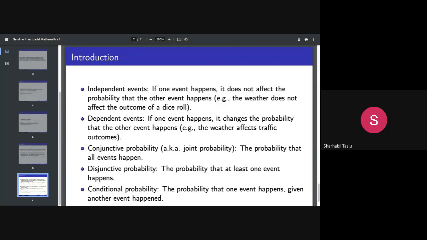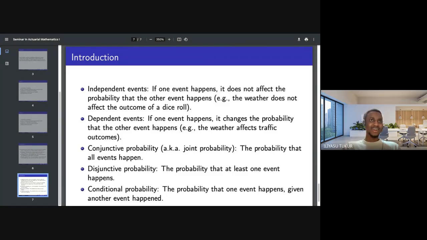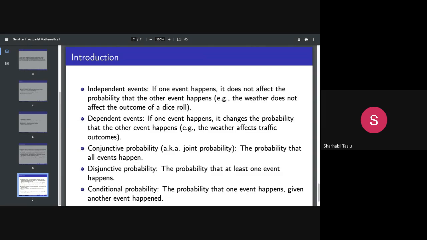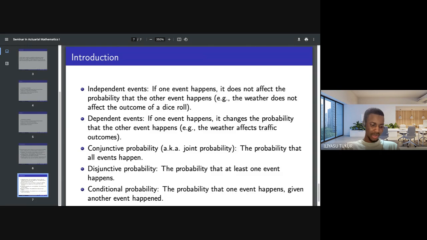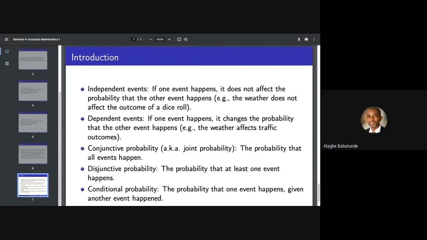Example of what exactly? A conjunctive probability, or a joint probability. If you cannot remember, it's not a problem. I know you can forget stuff. Yeah, it's fine. But someone I think should tell us. Good evening. Yeah, good evening and welcome. Thank you for welcoming me.